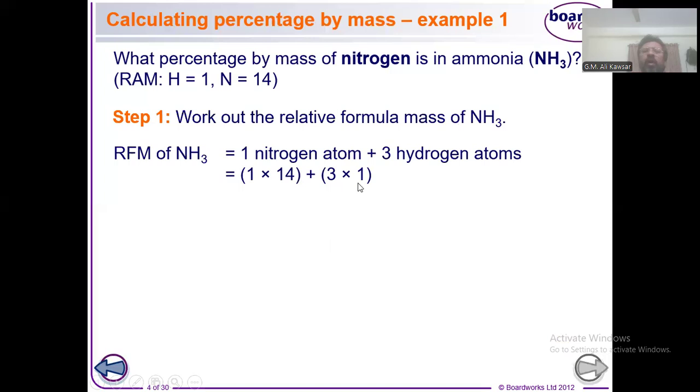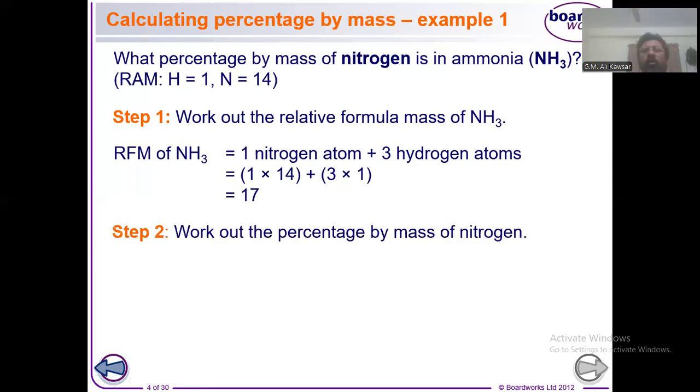That means we have to multiply 3 by 1, because the mass of one hydrogen atom is 1, and then we get the mass of 3 hydrogen atoms. If we sum these two things, 1 nitrogen atom and 3 hydrogen atoms, we get 17, which is the relative formula mass of ammonia. I hope you understood these things, students. If you do not understand, please let me know.